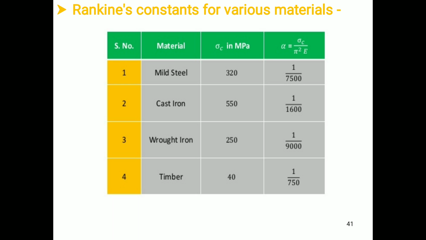For cast iron we have sigma c 550, and after putting the values of sigma c and E, we get alpha as 1 upon 1600. For wrought iron we have sigma c 250 and alpha 1 upon 9000. The last one is timber, with sigma c 40 and alpha 1 upon 750.